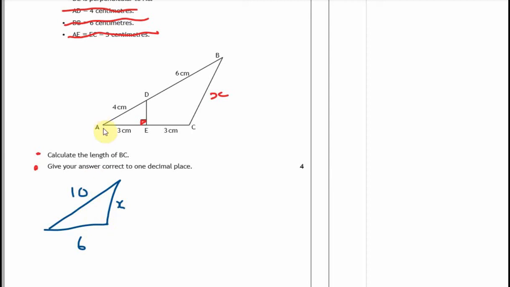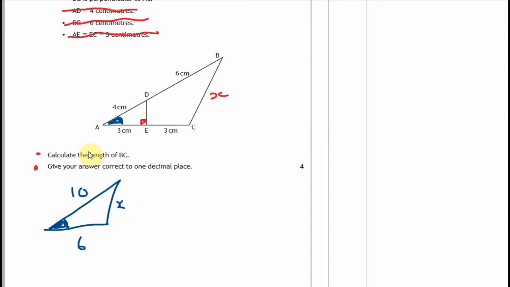But I would need to know this angle in here. Can I do that? Well, in this triangle in here I know 2 sides. Does that mean I could work out the angle? Absolutely. So there's 2 parts to this question: first working out this angle, and then using the cosine rule to solve for x.